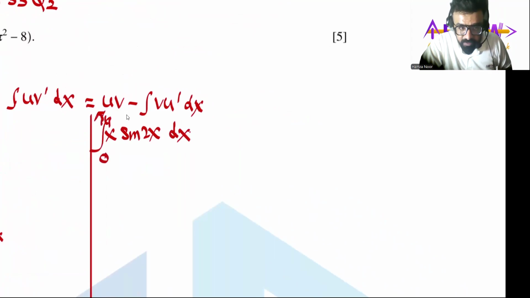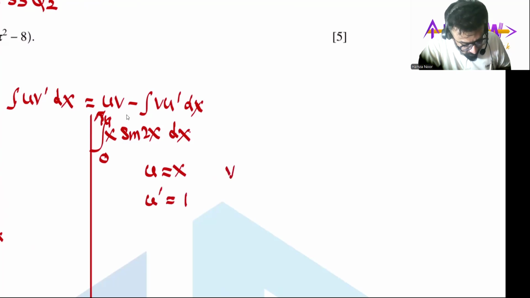Again we use the LATE rule. So u is equal to x so that u dash becomes simpler. u dash will be equal to 1 and v dash will be equal to sine 2x.